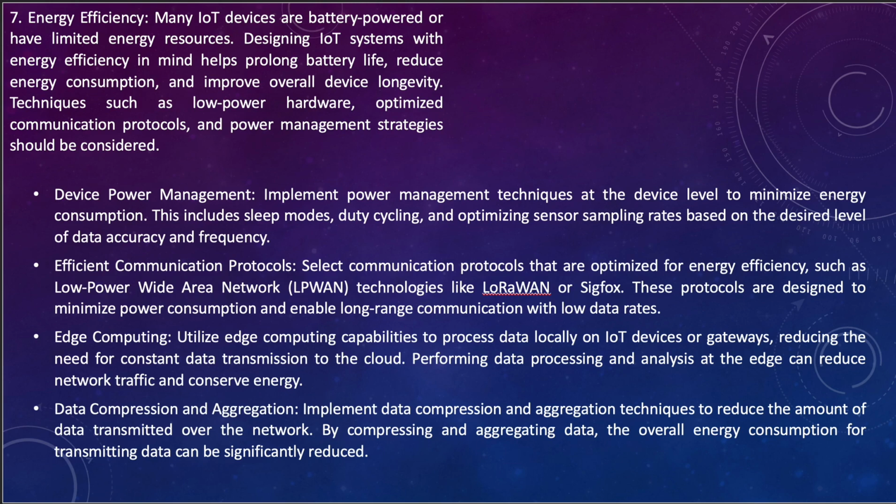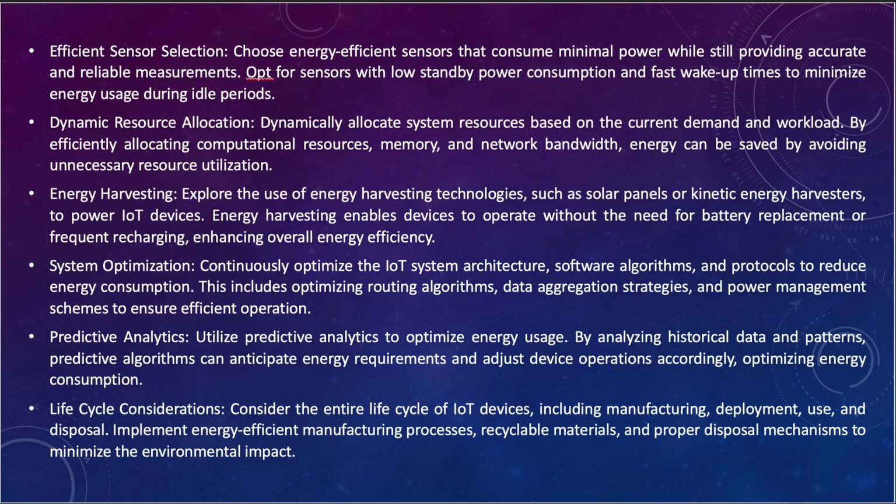Data compression and aggregation. Implement data compression and aggregation techniques to reduce the amount of data transmitted over the network. By compressing and aggregating data, the overall energy consumption for transmitting data can be significantly reduced. Yes, so these 2 points are for reducing the amount of data that is needed to be transmitted through the network, which will consume energy.